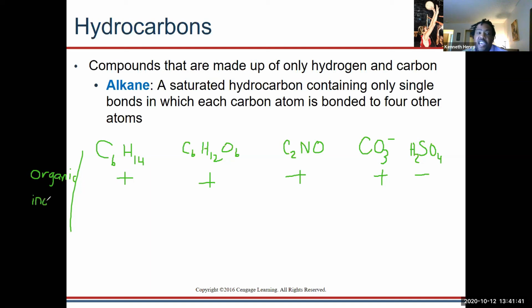Inorganic is basically everything else except things that have carbon in it. The last one? Okay. I'm going to add another definition. Some inorganic scientists will say if it has only one carbon in it, it's considered to be inorganic as well, like the CO3. Okay, so which one of these are hydrocarbons?